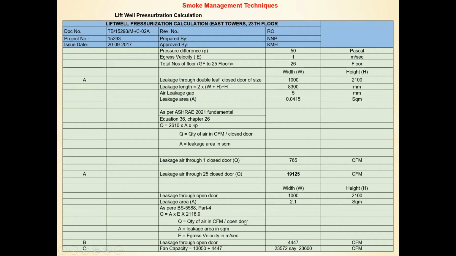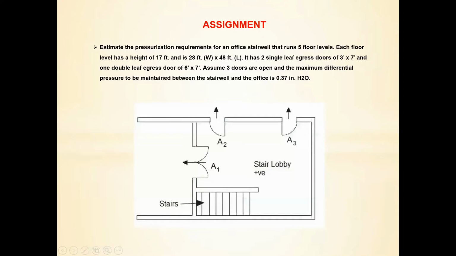So it can be calculated as 2.1 into 1 into 2118.9, that is 4447 CFM. So the total fan capacity becomes 19125 plus 4447, that is 23572, or say we can select a fan of 23,600 CFM. So that was about the lift well pressurization.